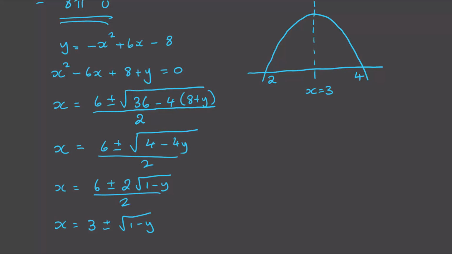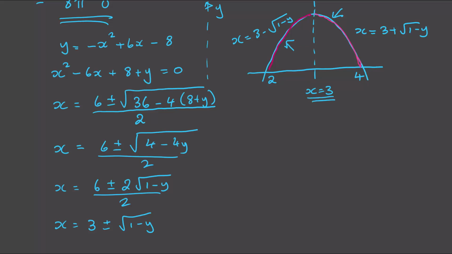And that means, if we look back at our graph here, that this limb is going to be x is equal to 3 plus root 1 minus y. And the other limb, this one here, is going to be x is equal to 3 take away root 1 minus y. And what we can do is rotate those around the y-axis. And we'll do the volume produced by the outside one, take away the volume produced by the inside one.